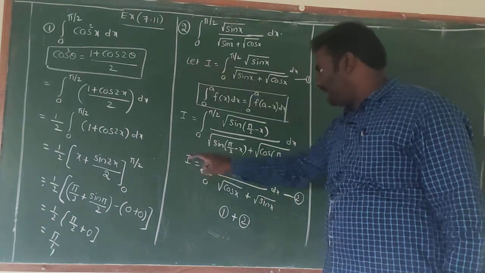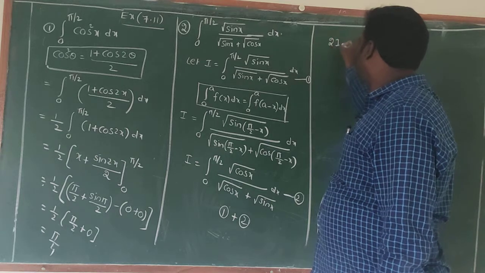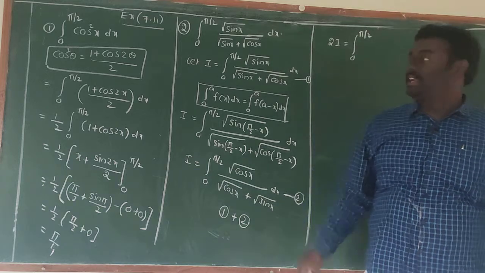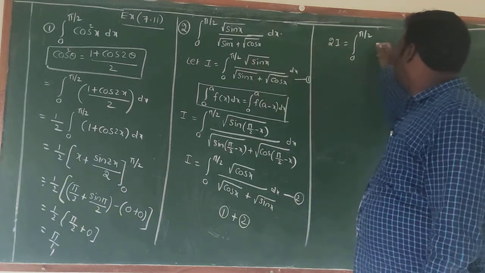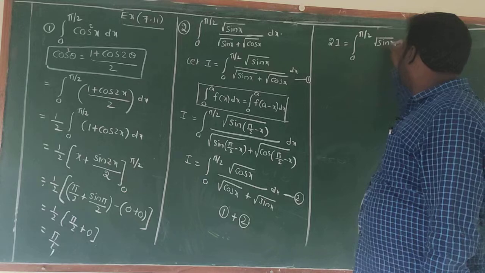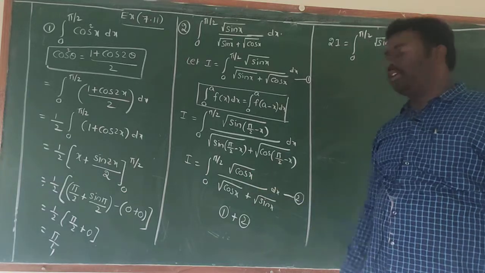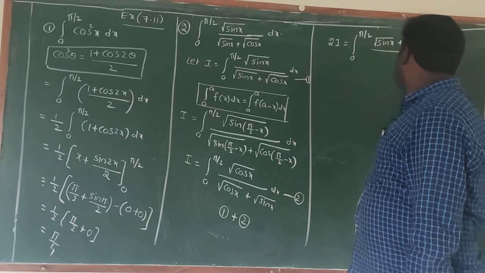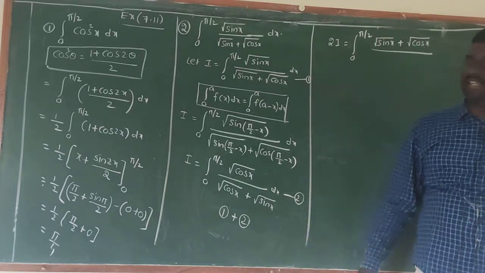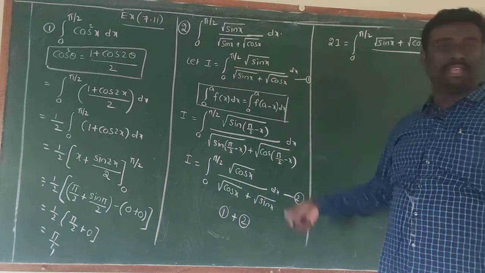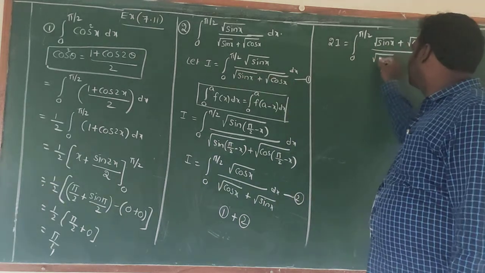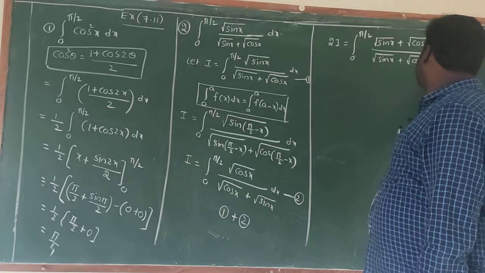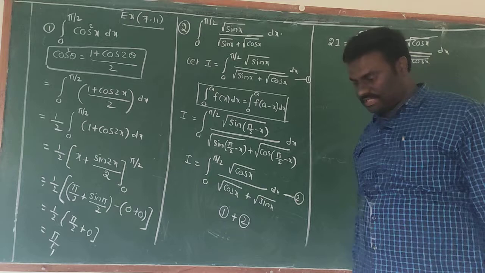Then I plus I, that is 2I, equals the integral from 0 to pi by 2. What is the numerator in equation 1? Root sin x. Plus, what is the numerator in equation 2? Root cos x. Both have the same denominator, what is that? Root sin x plus root cos x. dx.